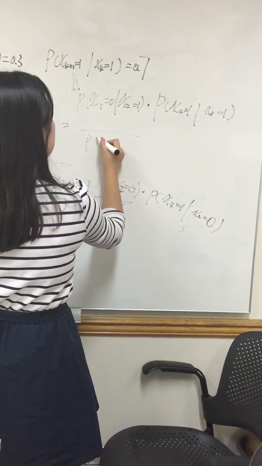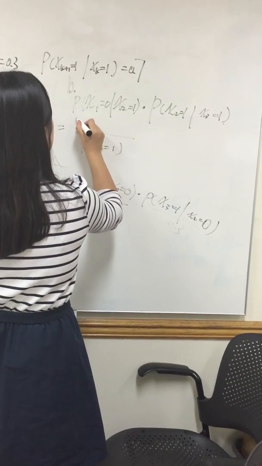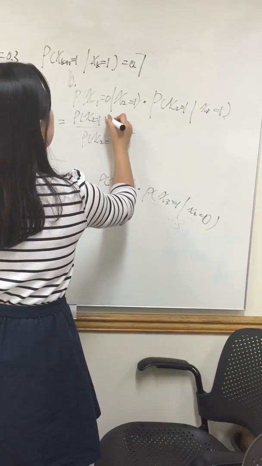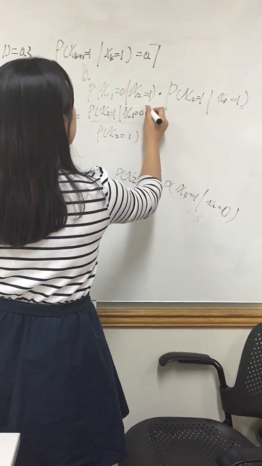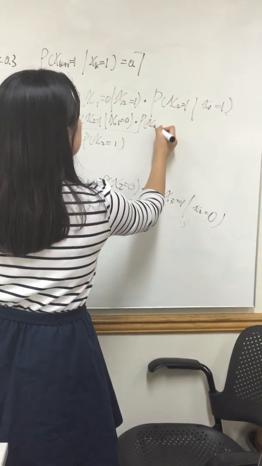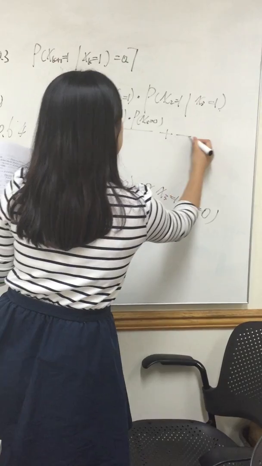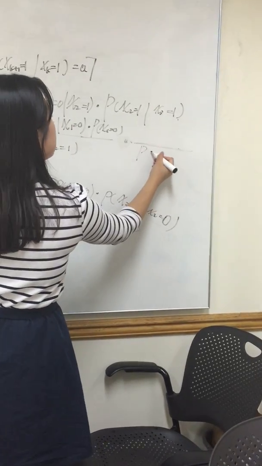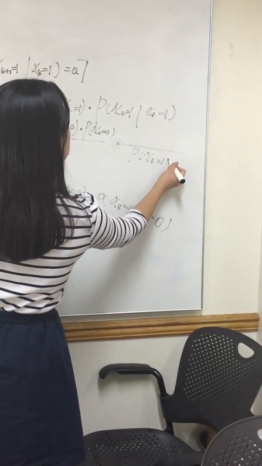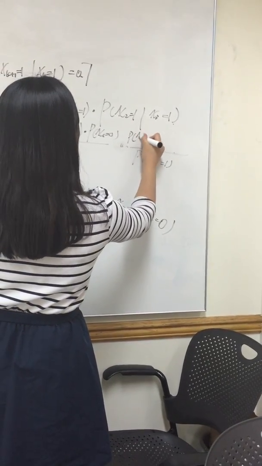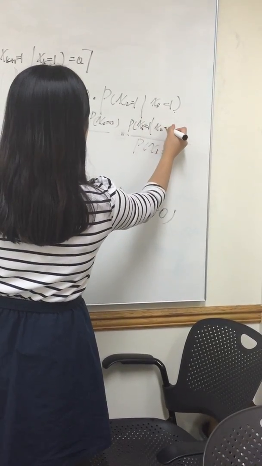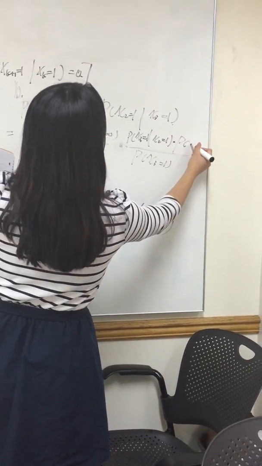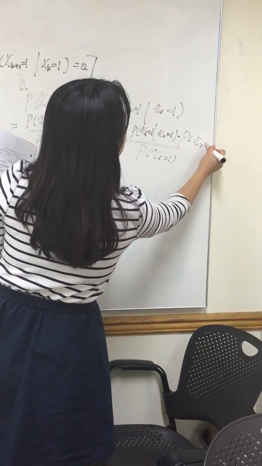We can get the probability x2 equals 1 on the condition of x1 equals 0 and the probability x1 equals 0, times the probability x3 equals 1 on the condition of x2 equals 1, and times the probability x2 equals 1.